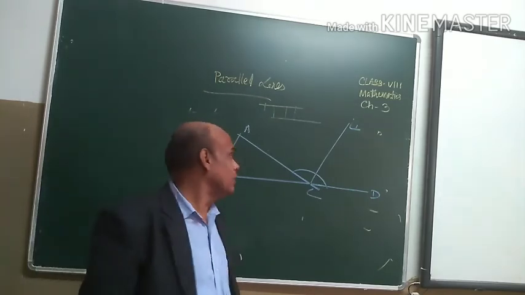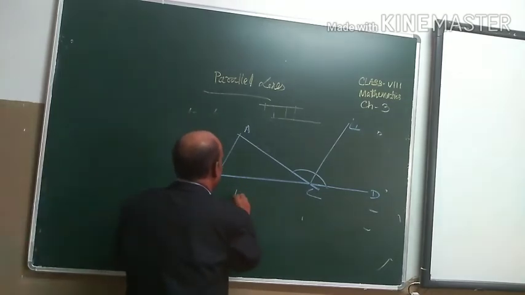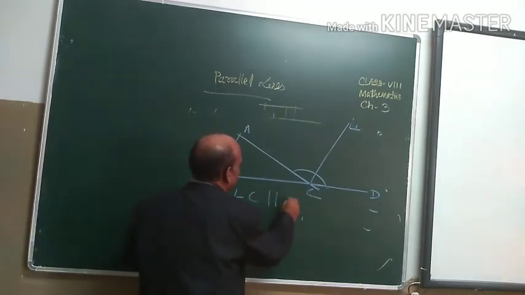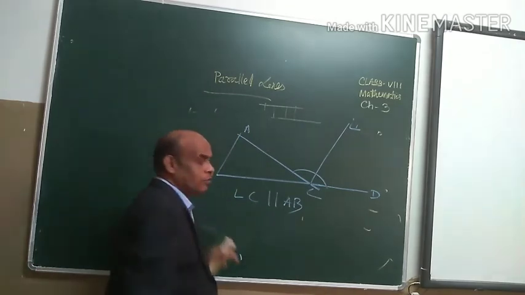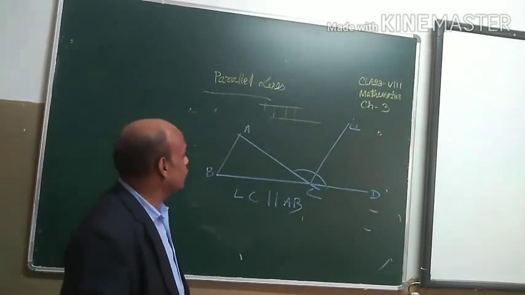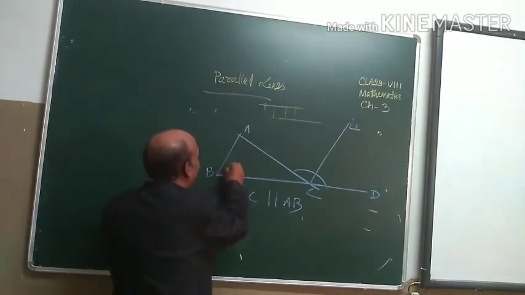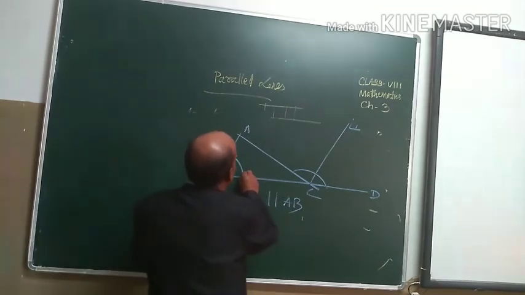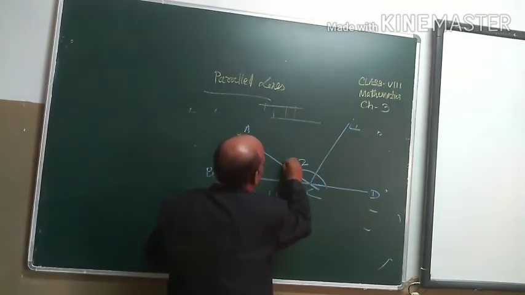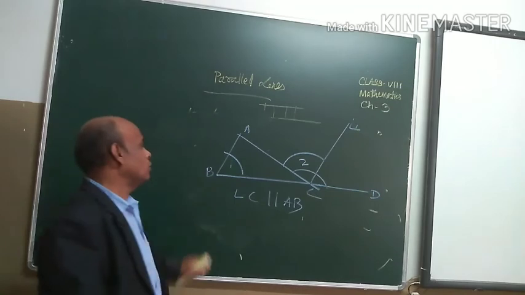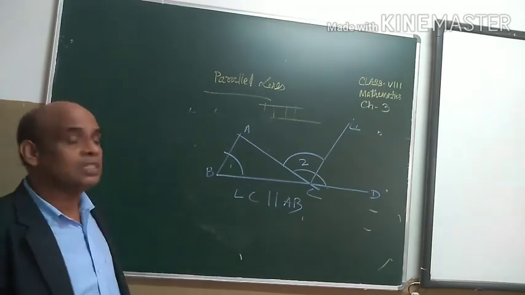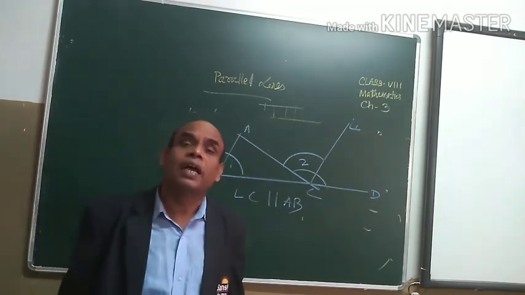If LC is parallel to AB, so what will you say? Ultimately you will say angle 1 is equal to angle 2. Why is angle 1 equal to angle 2? Because they are alternate angles.